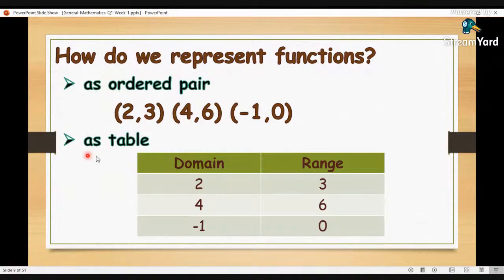Let's continue. Another representation of a function is as a table. Same thing here. We have 2 for the domain and 3 for the range, 4, 6, -1, 0. This one is considered a function because there is only one element in the domain that corresponds to a unique or one element in the range.